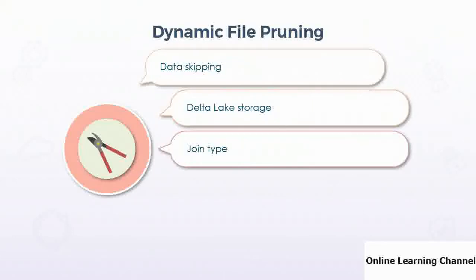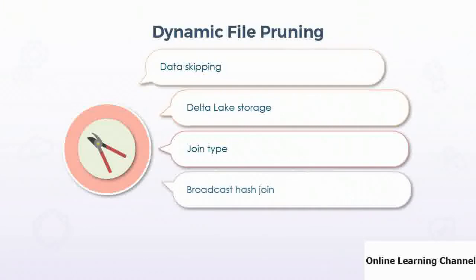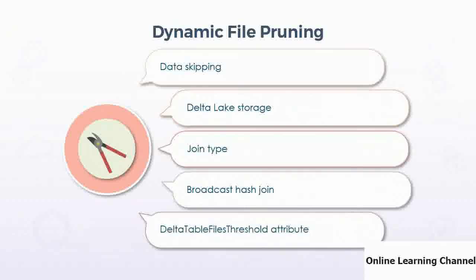The join must be of the types inner or left semi only. It must be using the broadcast hash join strategy. And the files in the inner table must be of greater quantity than the value specified in the spark.databricks.optimizer.deltaTableFilesThreshold parameter, which is defaulted at 1000.